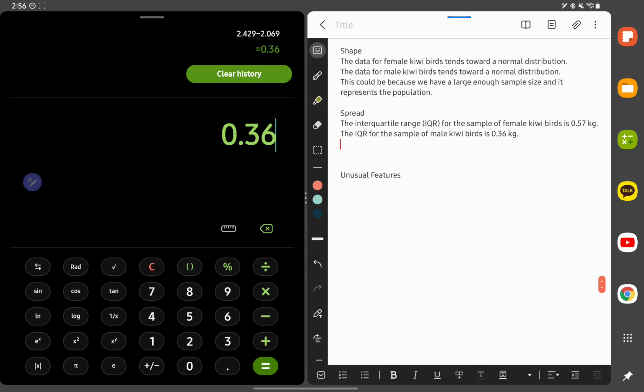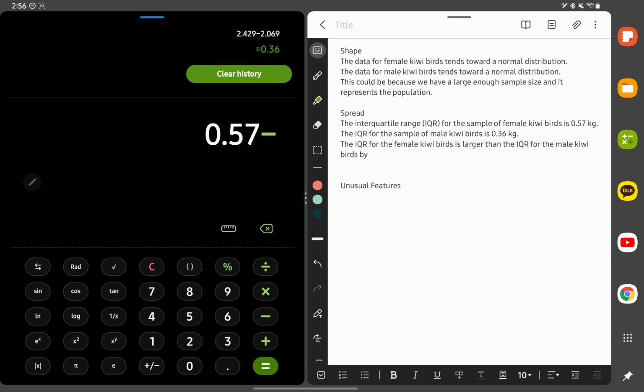We can say things like the IQR for the female kiwi birds is larger than the IQR for the male kiwi bird by, and I go 0.57, that's the bigger interquartile range, that's the female kiwi bird's IQR, minus the male kiwi bird IQR.